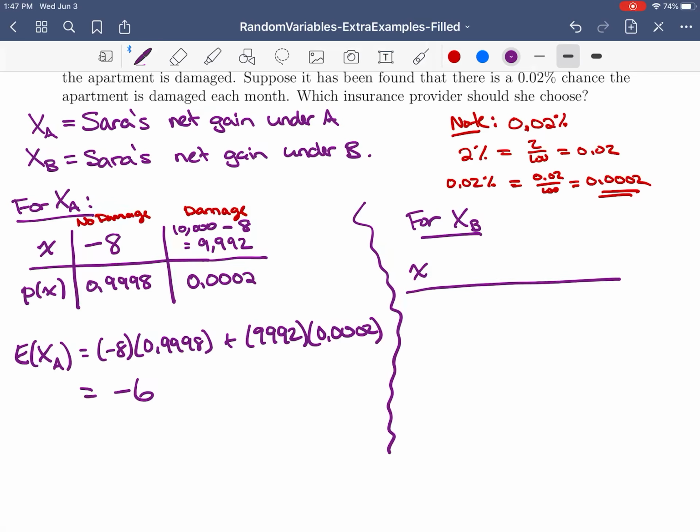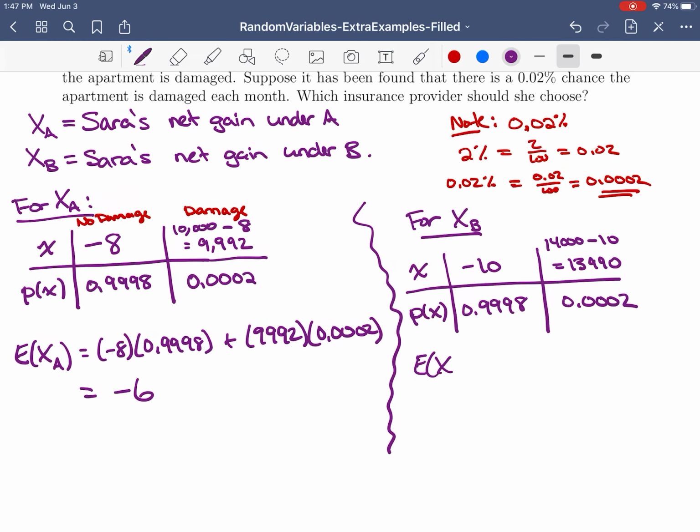So it's going to look similar. So she might lose $10, and the probability that happens is still 0.9998. Or she might gain 14,000 minus the 10 she paid, so 13,990, and that has probability 0.0002 of happening.